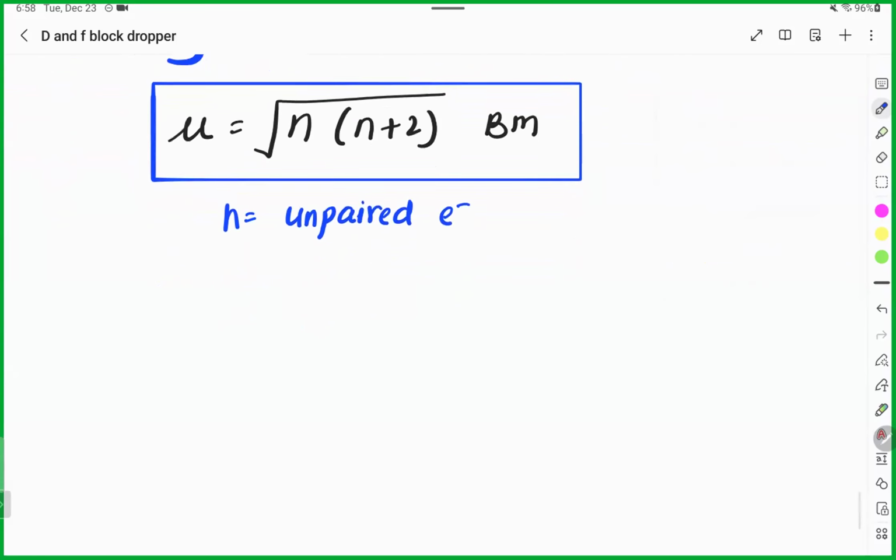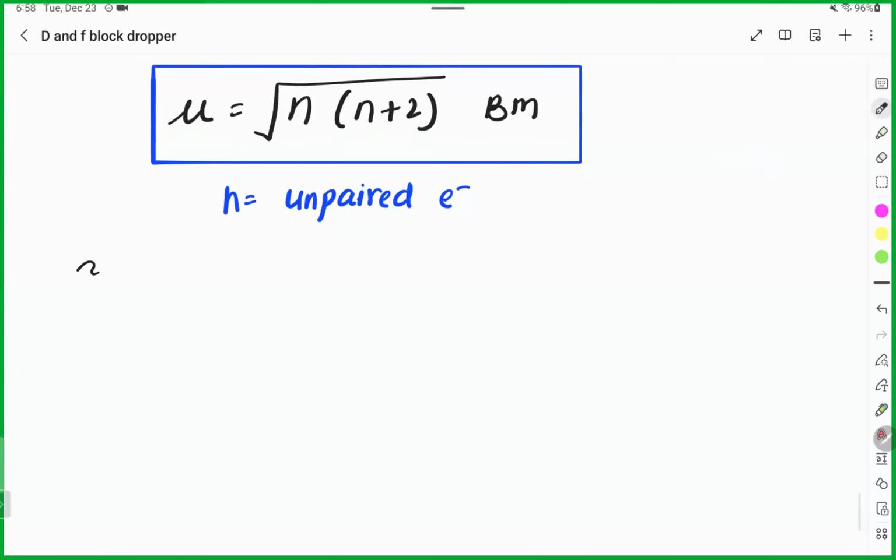Samarth and Sara, we did this in coordination compounds also, right? Yes, sir, in valence bond theory. So if n is 1 unpaired electron, then 1 plus 2, 3, under root 3.